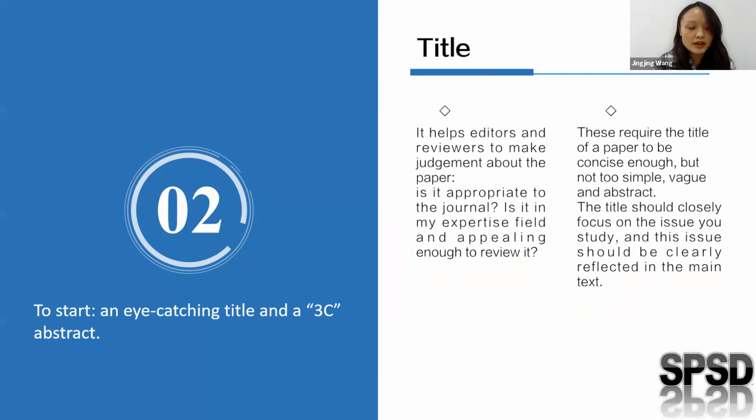Title can be the most important part of your paper. Before publication, it helps editors and reviewers to make judgments about the paper: is it appropriate to the journal, and is it within my expertise, so I can review it? This requires your title to be concise enough but not vague and abstract.